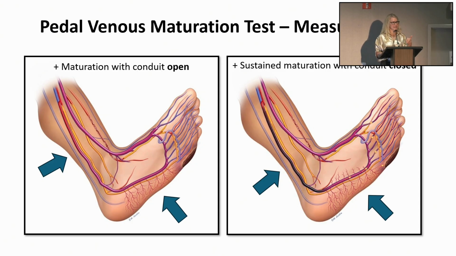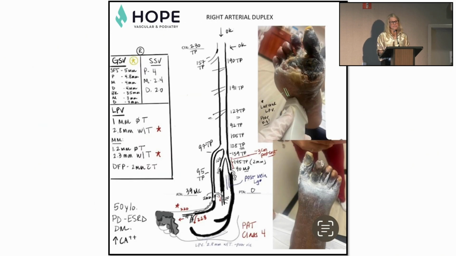And then when it goes down, as they usually do, we still see that same signature of maturation even when the DVA is closed. And so this is really important because I work with Dr. Montero Baker in Houston, who does a lot of DVA, and we see this time and time again. Our paper is almost over the finish line to talk about pedal venous maturation, but it's a very important test.